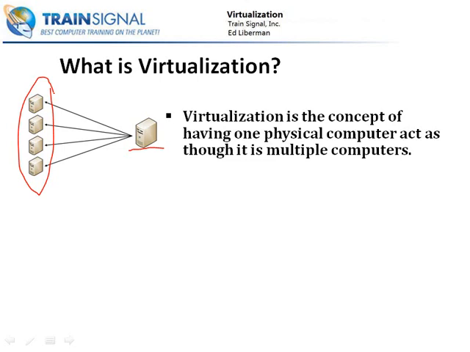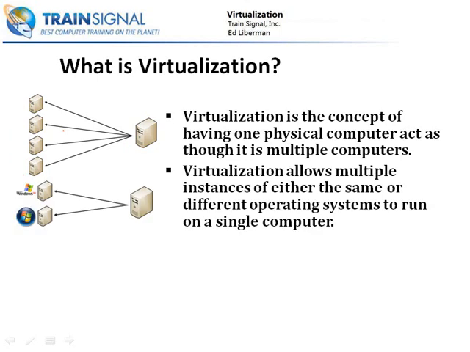And each of those virtual machines will act independently of all the other virtual machines. Okay, so it's the concept of having one physical box, but on that box, in this instance, it's like having 4 actual computers. This is a great way of better utilizing the resources that are available on the computers that we currently own.